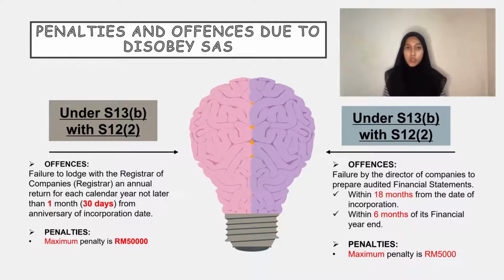Due to these offences, the maximum penalty imposed is RM50,000. Next, offences of failure by the director of a company to prepare audited financial statements within 18 months from the date of incorporation or within 6 months of its financial year end. Due to these offences, the maximum penalty imposed is RM50,000.